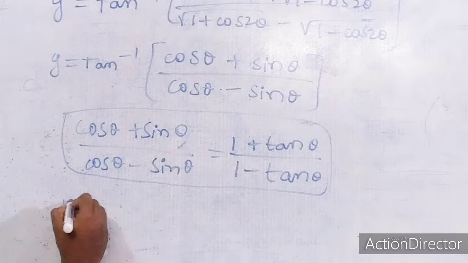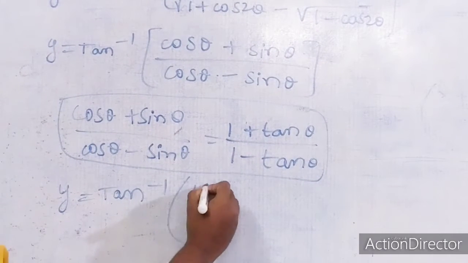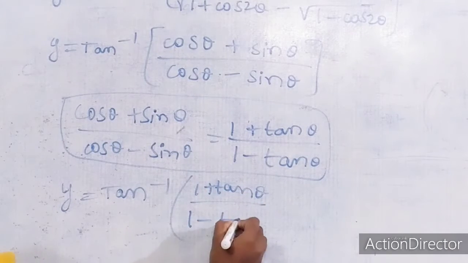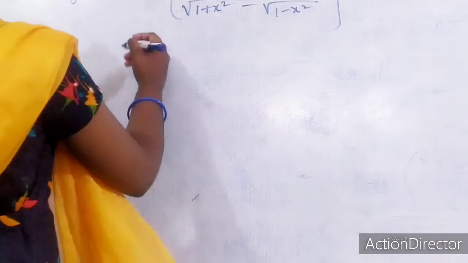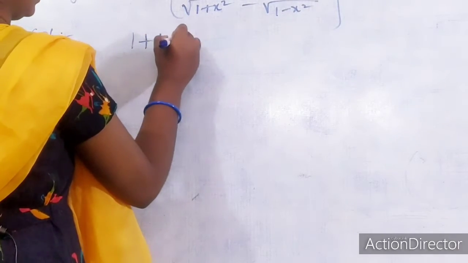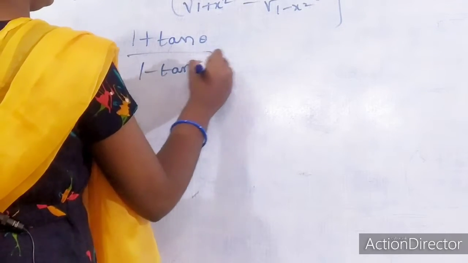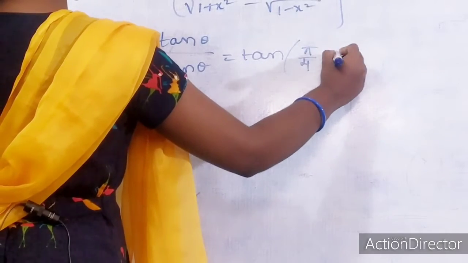So here y is equal to tan inverse of 1 plus tan theta divided by 1 minus tan theta. In trigonometry, we have another formula, that is 1 plus tan theta divided by 1 minus tan theta is equal to tan of pi by 4 plus theta.